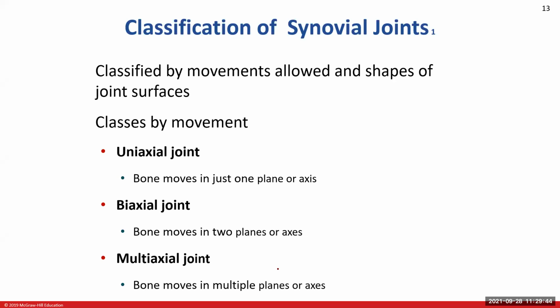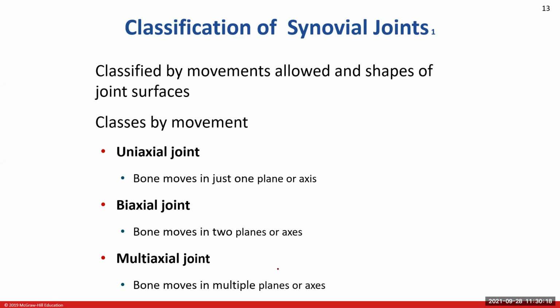When we're talking about the synovial joints, we're going to discuss the different types of movement in our synovial joints, and it really is based on the shape of the joint. So we have a couple of different classifications of movement. You have a uniaxial joint, when a bone moves in just one plane, like a gliding motion, for example, or a rotational movement around an axis.